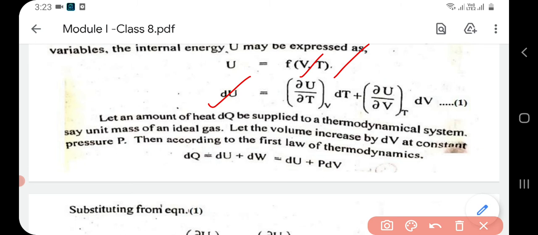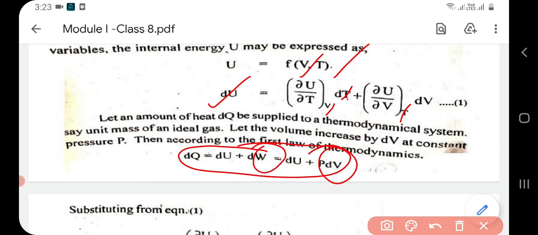So it will be dou U by dou T at constant volume dT plus dou U by dou V at constant T dV. We know that the first law of thermodynamics is dq is equal to du plus dw, but dw we know is pdv.